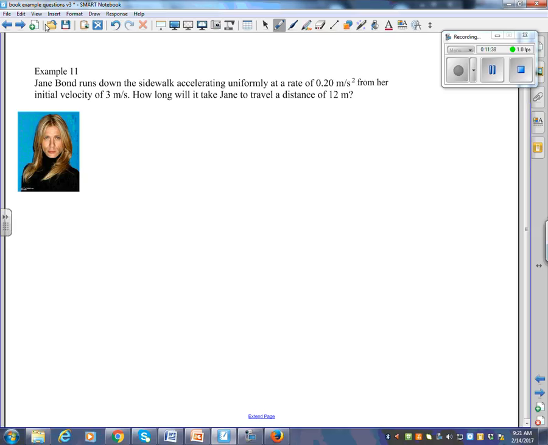Why don't you give that one a try? There's a little twist on this one here at the end. Jane Bond runs down the sidewalk accelerating uniformly at a rate of 0.2, so that's our acceleration. Initial velocity is 3, that's our initial velocity. How long will it take Jane to travel a distance of 12 meters? That's our displacement. We are solving for time. So which one has d, v, I, a, and t in it?